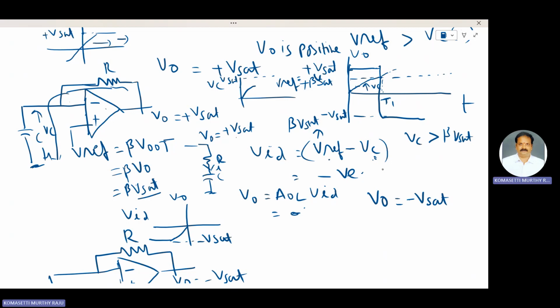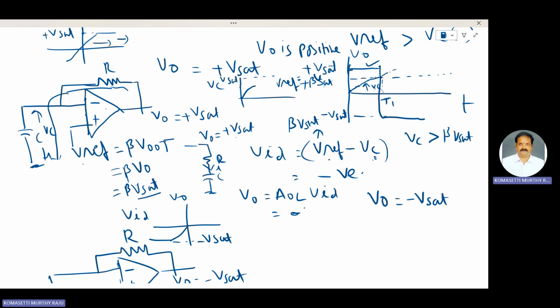As long as the capacitor voltage VC is less than V reference, that means plus beta V saturation, the output voltage remains at plus V sat.